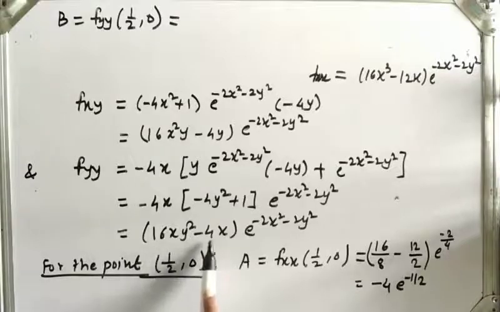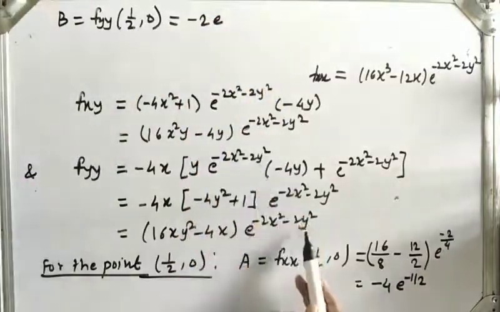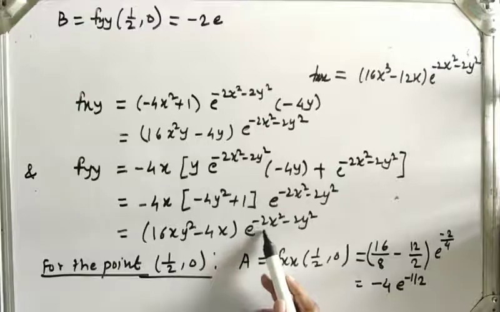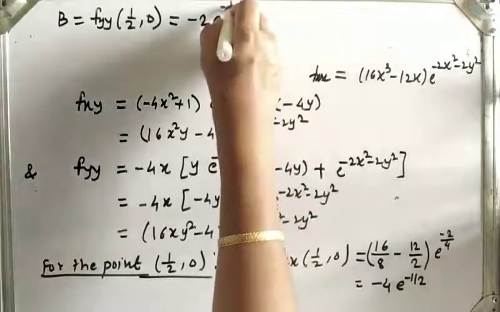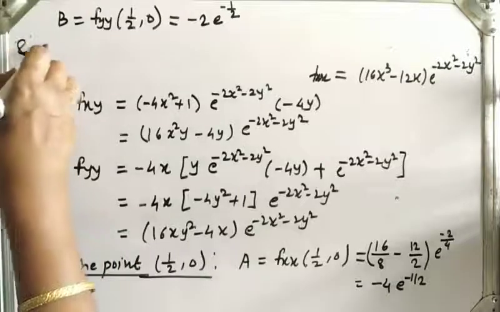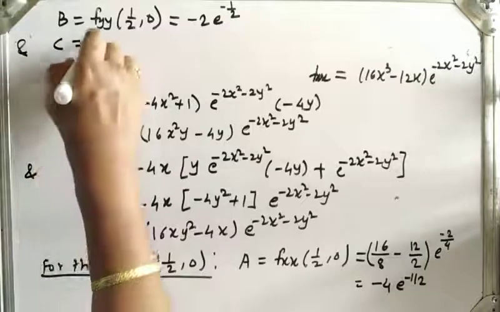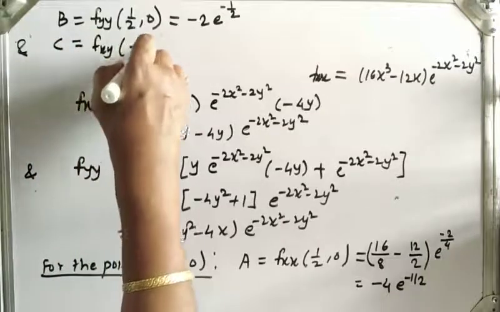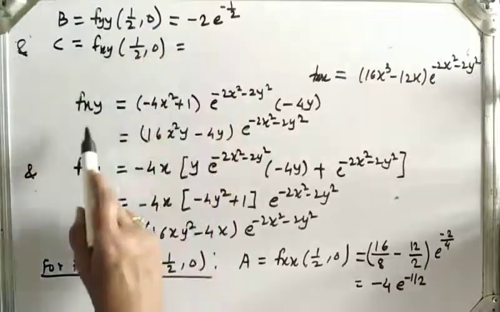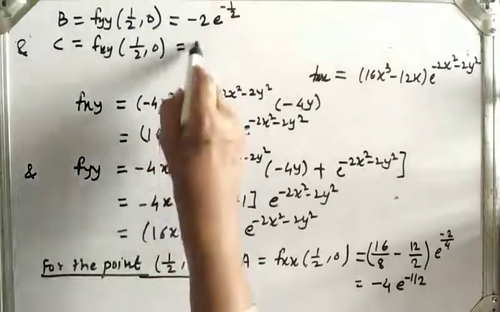It will be minus 4 by 2, that is minus 2, into e raised to, since y is 0, minus 2 upon 4, that is minus half. Okay, minus 2 e raised to minus half. And what will be c? c is fxy at the point 1 half 0. This is our fxy, put y as 0, so this total value will be 0.